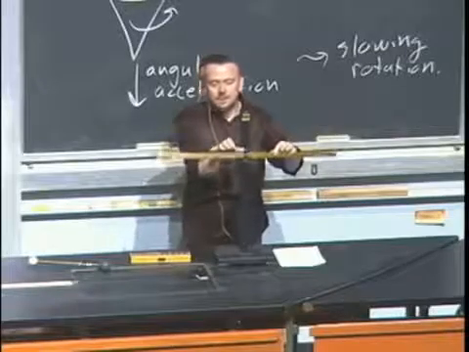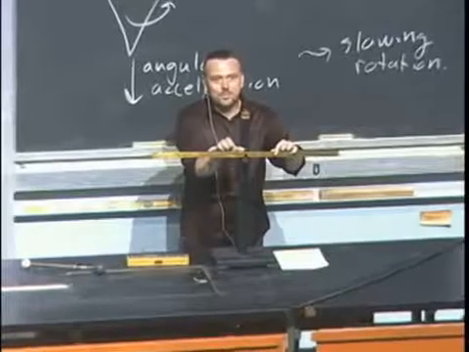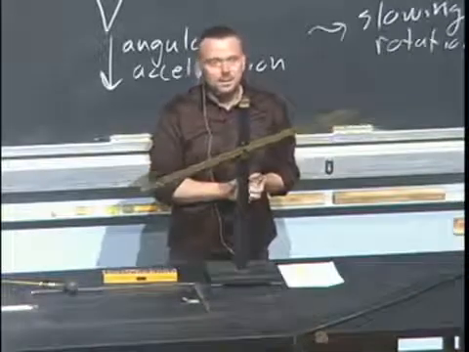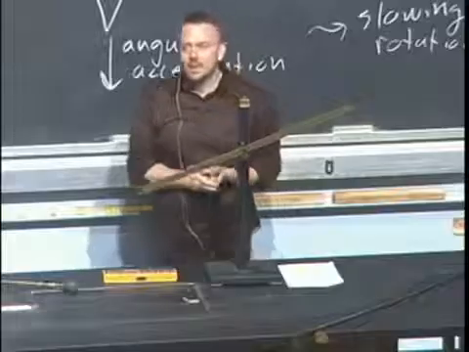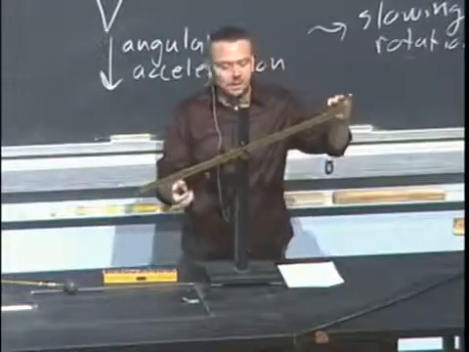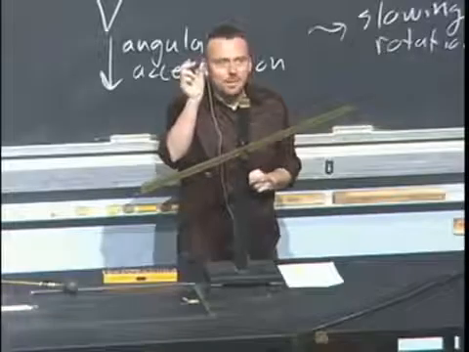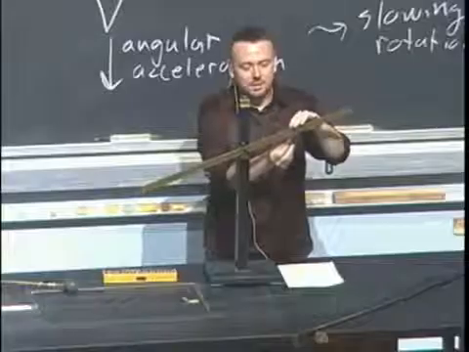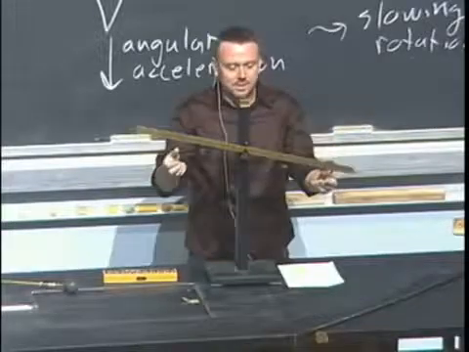It's got a lever arm, which is this distance. And so it is acting to rotate this bar. It's applying a force over a lever arm. It's applying a torque. Now let's take the same mass and hang it from the same distance on the other side.